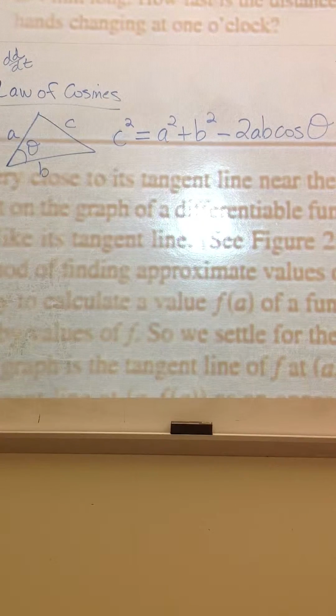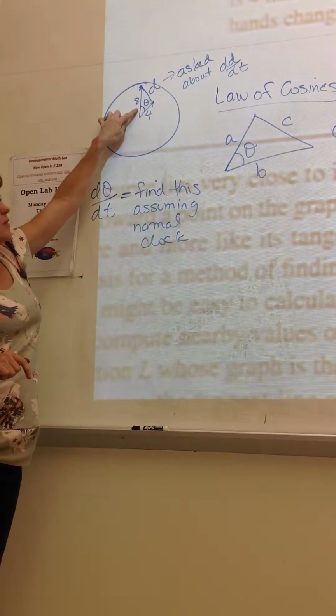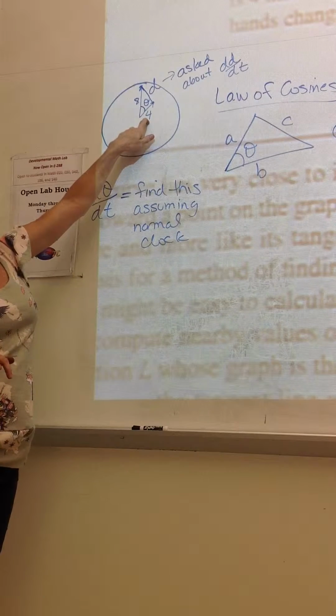Now, I know I said don't plug in any numbers, and I'm going to clarify that. Don't plug in numbers that change throughout the problem. If a number doesn't change, it's okay to plug it in. Is my minute hand going to change in size? No. Is the hour hand going to change in size?